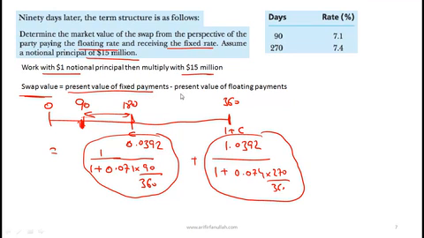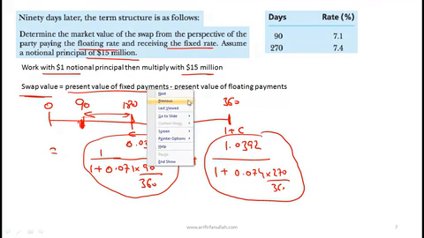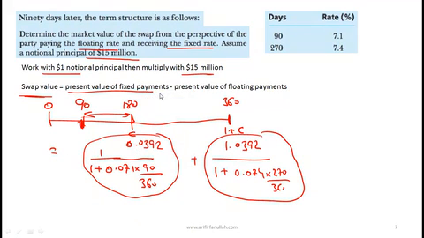Now, what is the present value of floating payments? Let's do this in blue. How do you do this? You are here at this point. If you are the floating rate payer, do you know this payment? What was this payment based on? When was this payment established?